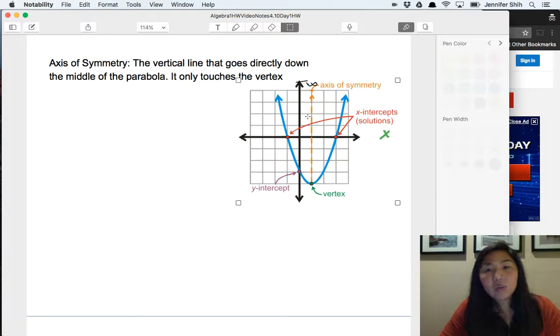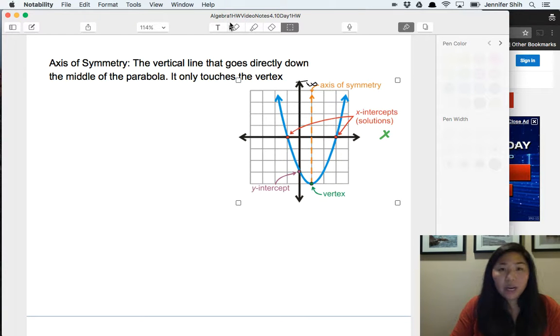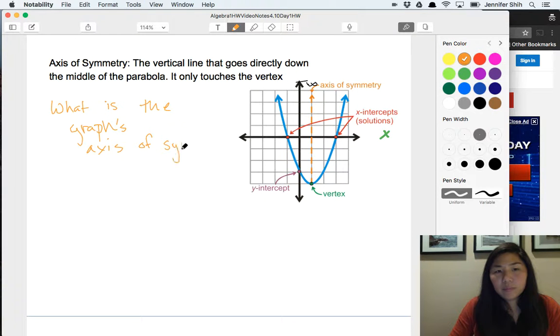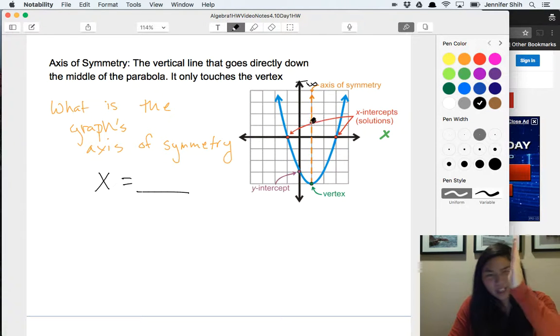And so when I ask you, what is the graph's axis of symmetry, the way you write it, your answer would be x is equal to some number. x is equal to. This is how you write that line. In this case, x is going to equal 1 because this starts at 0 and then it goes to 1. So your axis of symmetry is at every x is equal to 1 value.